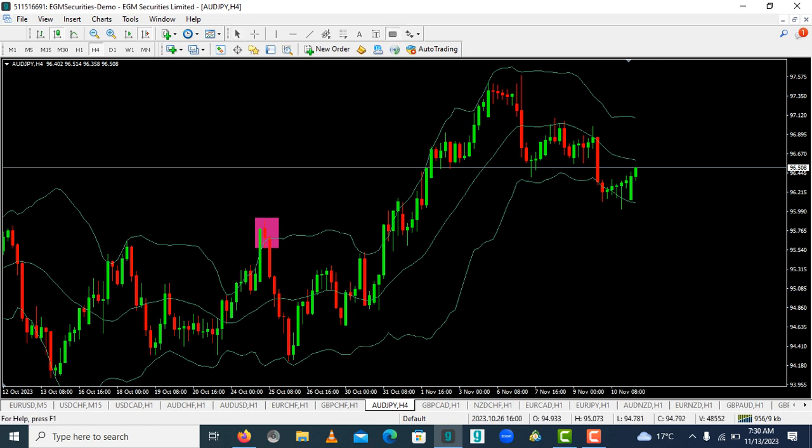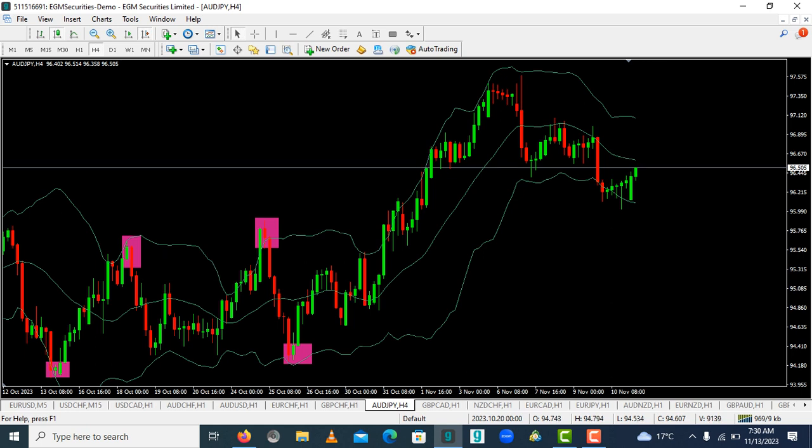On the other hand, when the price hit this point, you find that the price moved up. Here is another scenario, the price hit that point and it moved down. At this point, the price hit the lower Bollinger Band and it moved up.